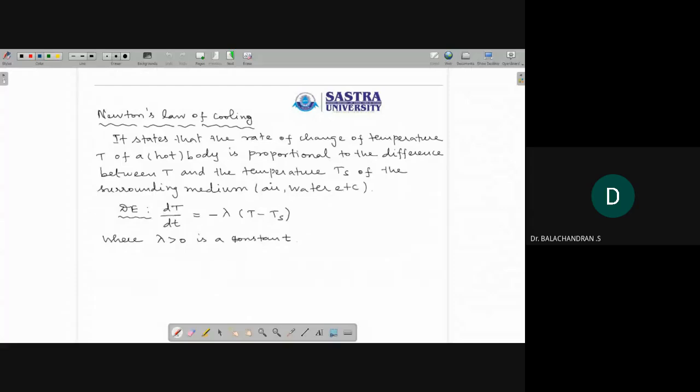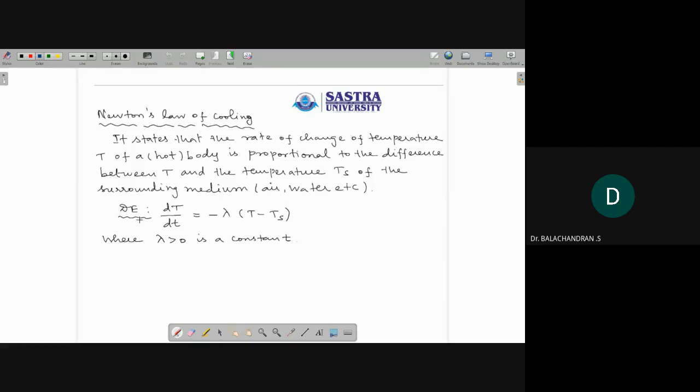So, Newton's law of cooling. It states that the rate of change of temperature, capital T, of a hot body is proportional to the difference between T and the temperature Ts of the surrounding medium, like air or water.